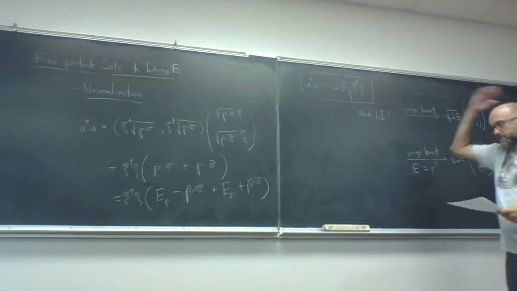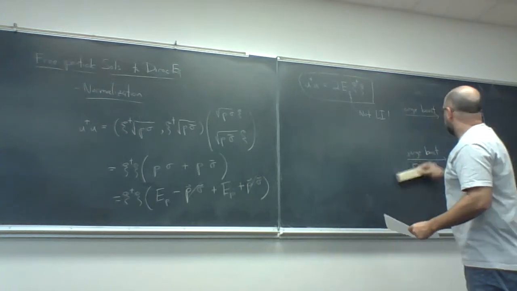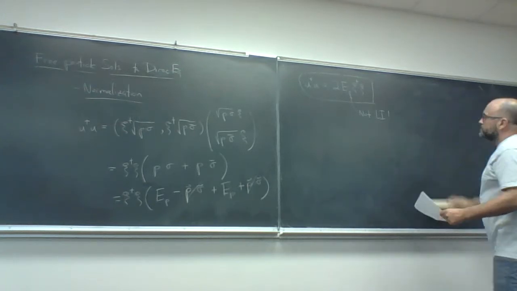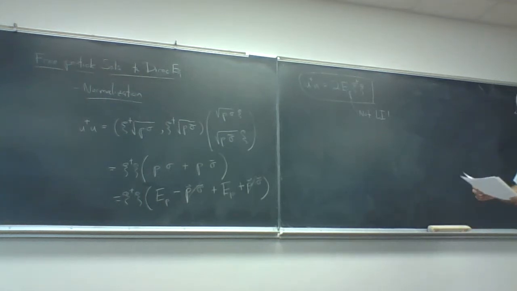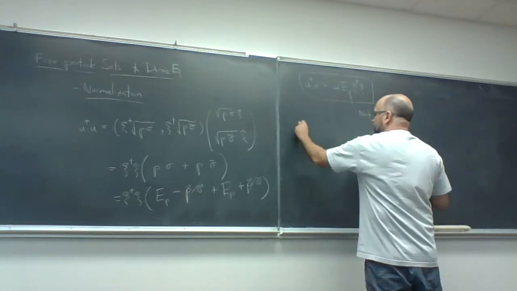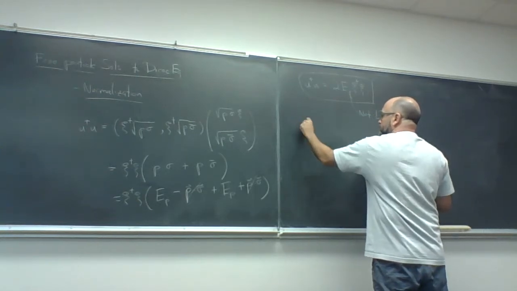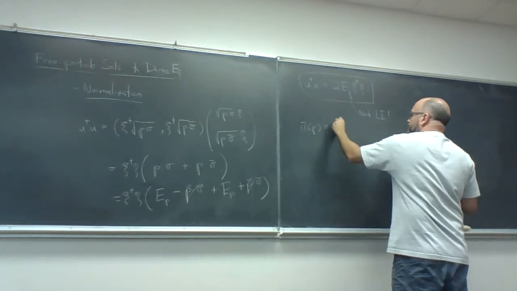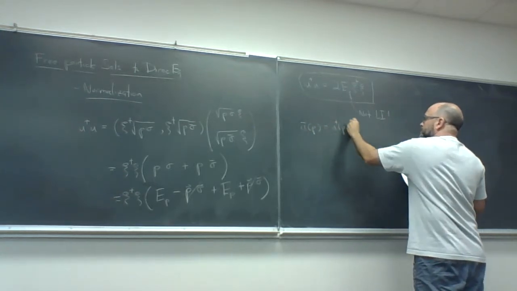So, just like in the case of the four component psi, we have to try to fix this. And the way we fix it is the same way we fixed the case of the psi. We put in a gamma 0. So I define u bar of p as u dagger of p times gamma 0.